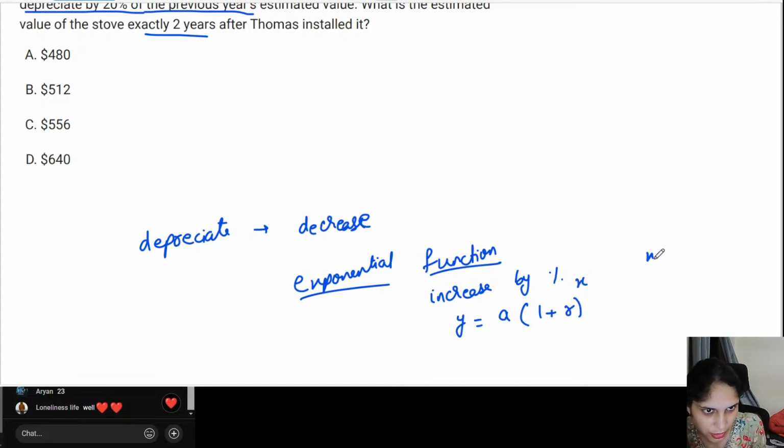X is the number of years. R is r over 100, that is the percentage of increase in decimals. That's also important. And a is your old value. And what is y? Y is your new value.